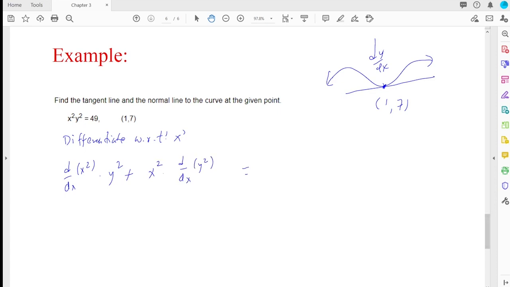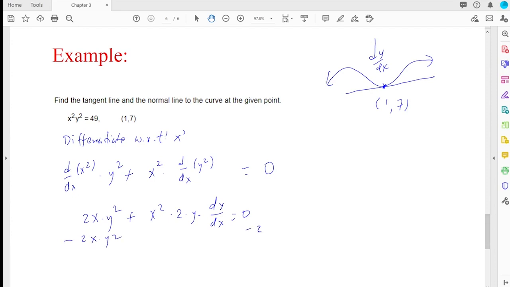On the right side, the derivative of 49 is 0. The derivative of x squared is 2x times y squared, plus x squared times the derivative of y squared, which is 2 times y times dy over dx.